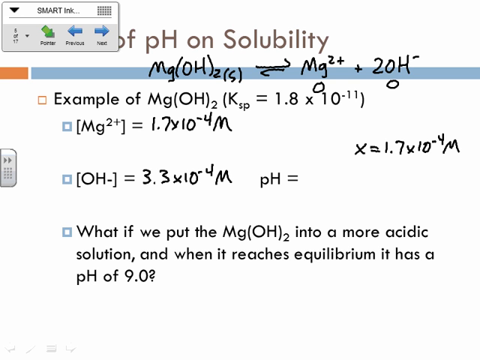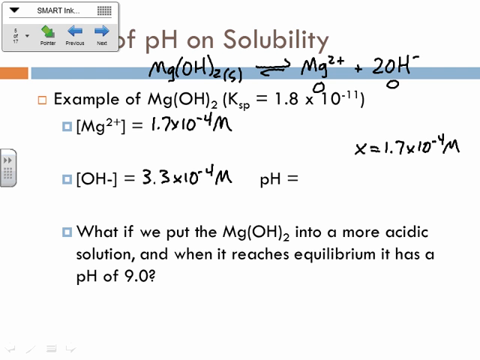Okay, so then how do we figure out our pH? If we want to know the pH of our solution, we have the OH- concentration. So take the negative log of that. That gives me the pOH, right? And then I subtract that from 14. So the negative log of this number gives me 3.48 or something like that.